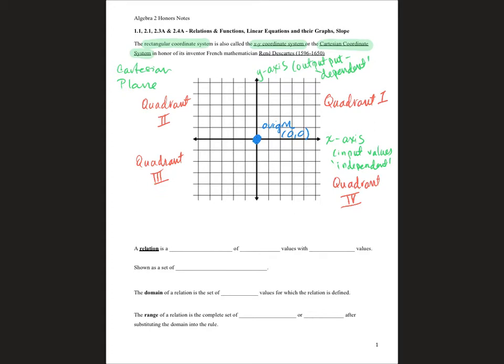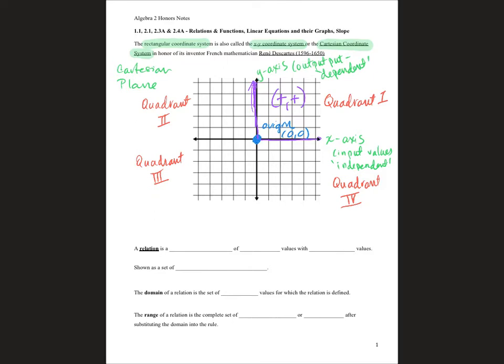Now, if we look at the values of each of the ordered pairs in each of the quadrants, you should be able to recognize that in the first quadrant, we're going in the positive x direction, positive y direction, so those ordered pairs are going to have both the x and the y value positive.